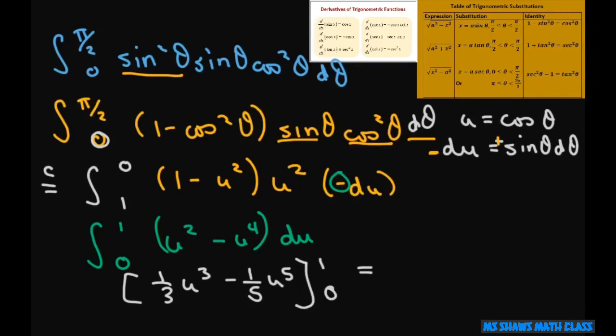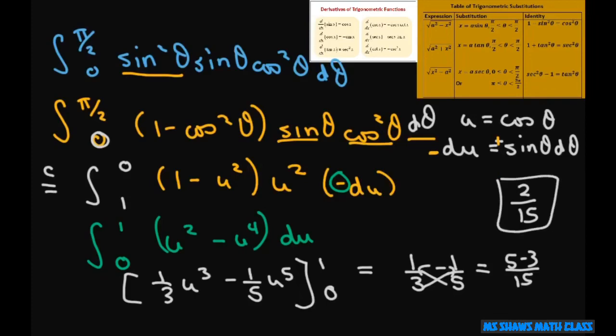So that's going to equal 1/3 minus 1/5. And that equals 5 minus 3 divided by 15, using a common denominator. And so your final answer is going to be 2 divided by 15. And that's it.